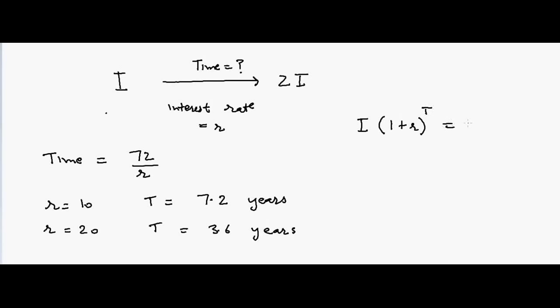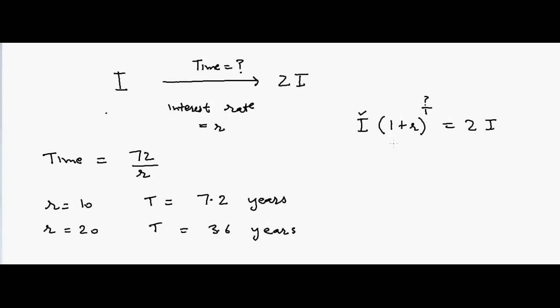That should be equal to 2I. So this is our initial investment, and then we have an interest rate every year, and this is compounded every year, so that will become 2I after a certain time. And we want to calculate what the time should be.